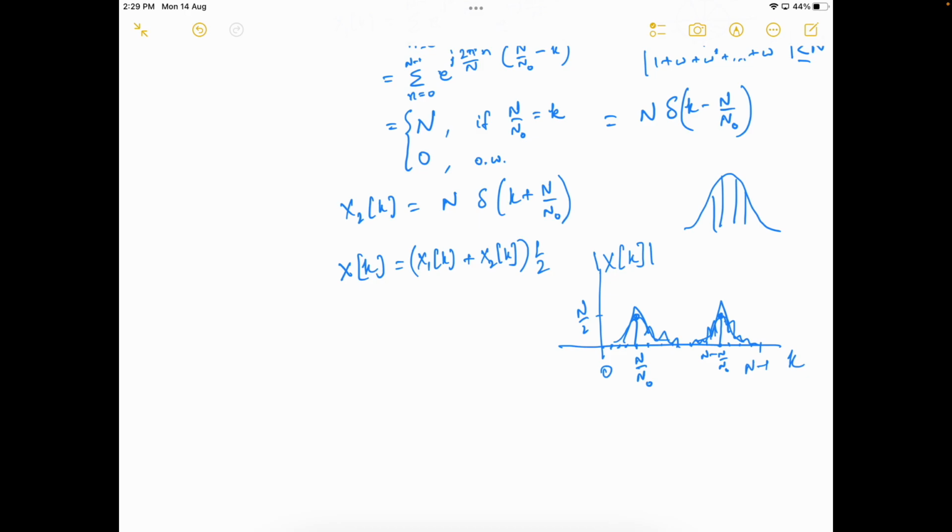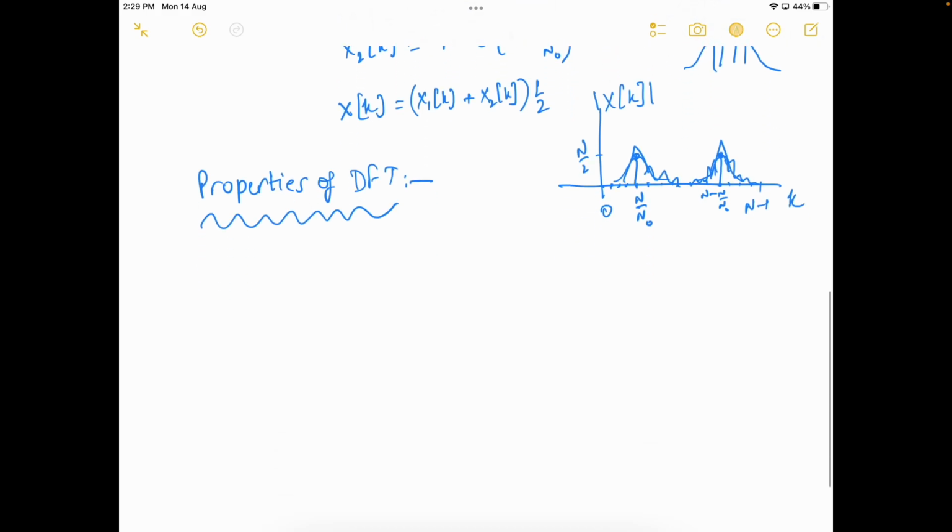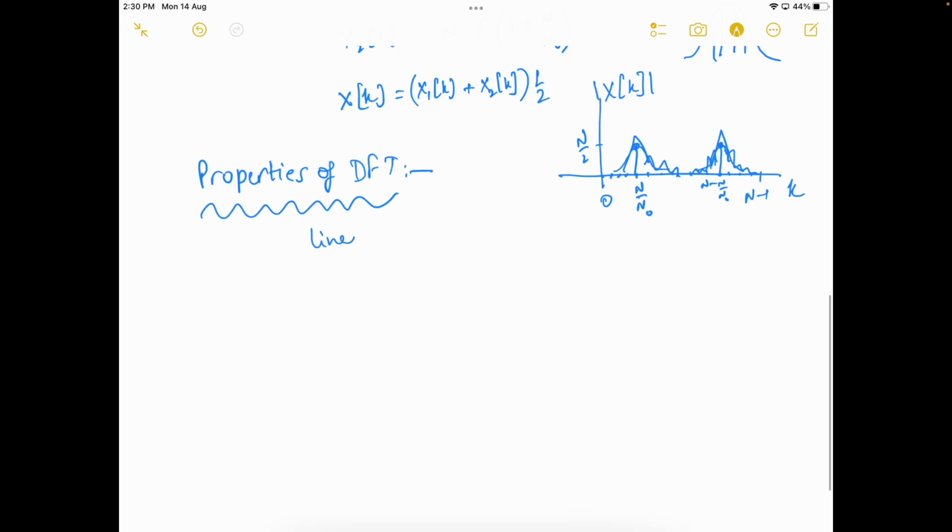Let's see some properties of DFT. First property is linearity. Let's say we have A times x1n plus B times x2n.